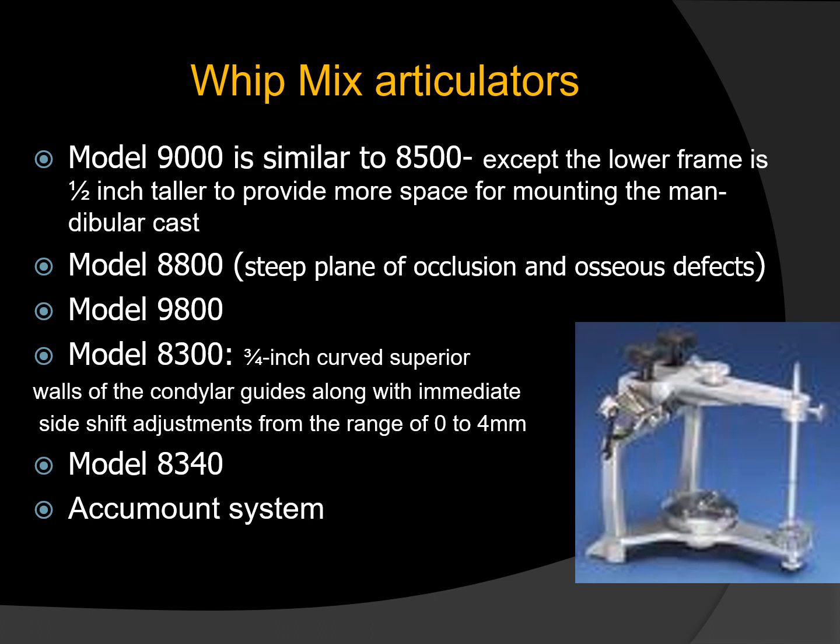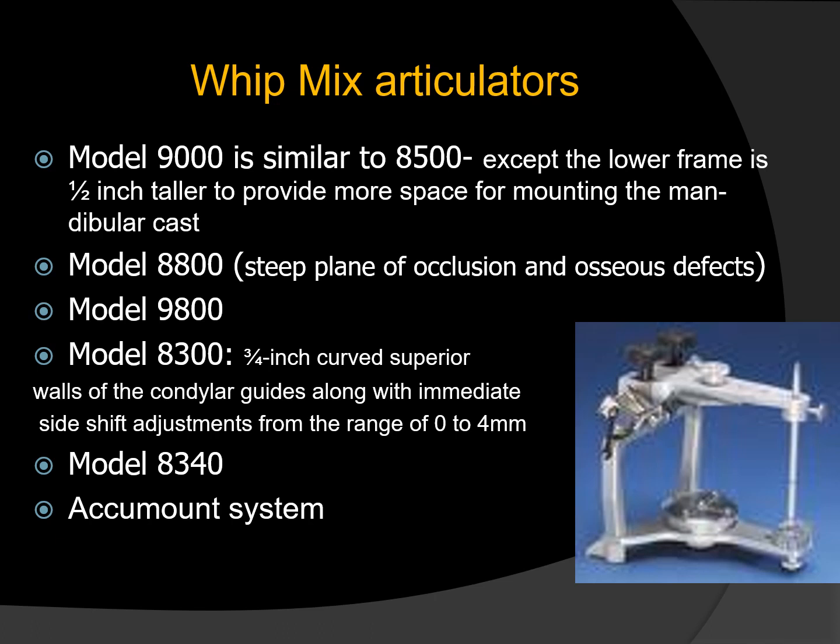So this is more suitable in situations with extremely steep plane of occlusion or when there is an osseous defect in the maxilla. Then came the model 9800, which combines the upper frame of model 8800 with lower frame of model 9000 in order to provide the greatest distance between the upper and the lower frame. That is, in upper as well as lower frame there is a half-inch extra space.